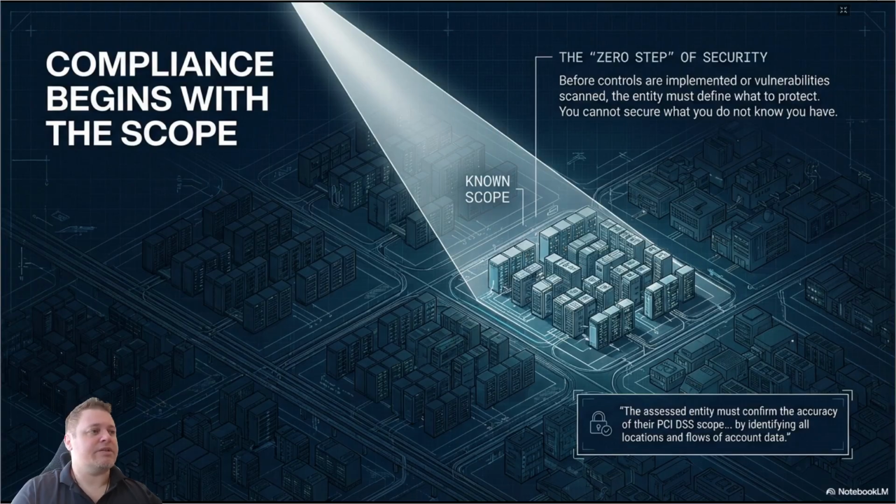You zero in on the security before controls are implemented or vulnerabilities are scanned. The entity must define what to protect. You cannot secure what you do not know you have. The assessed entity must confirm the accuracy of their PCI DSS scope by identifying all locations and flows of account data.